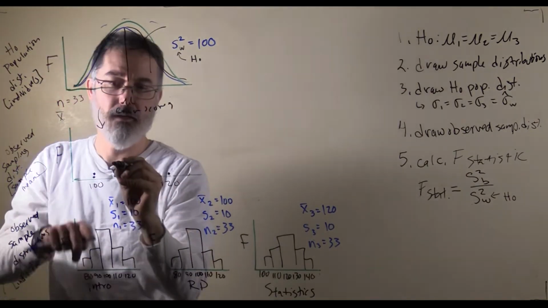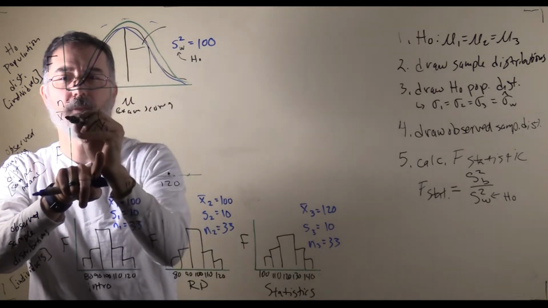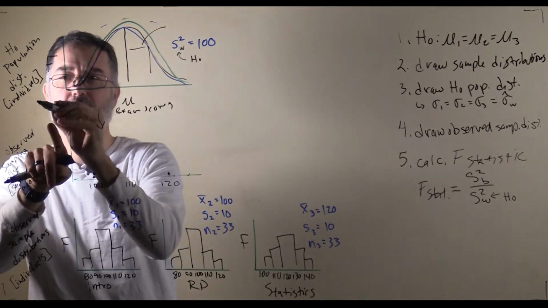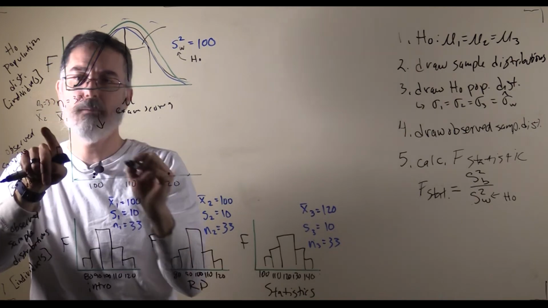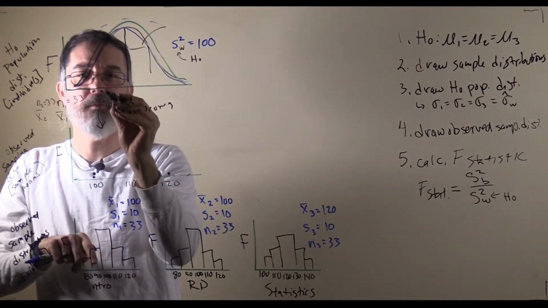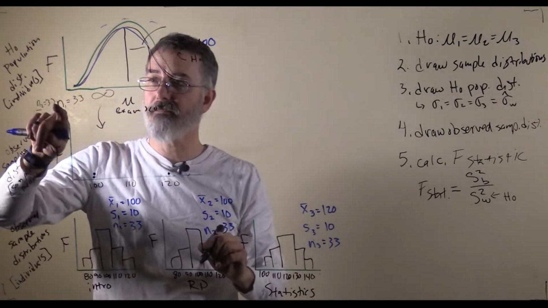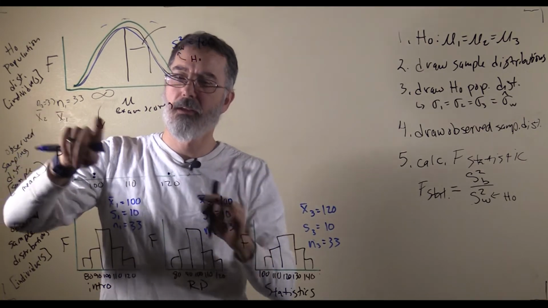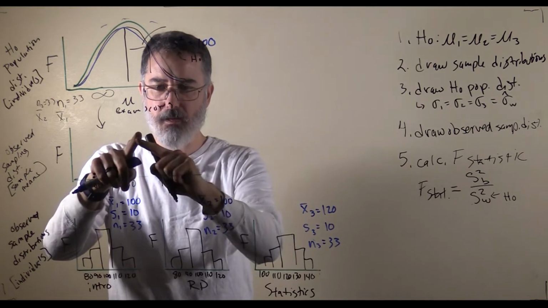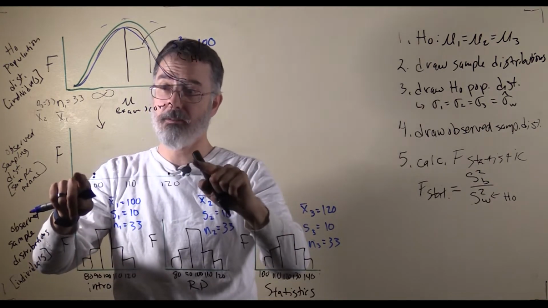We calculated the mean. We plotted that down here. And we did that for one sample, and then we did it for another sample of 33. Calculated its sample mean and put that down here. And we kept doing that over and over and over for every sample of 33. And that's how we got our distribution of expected sample means.